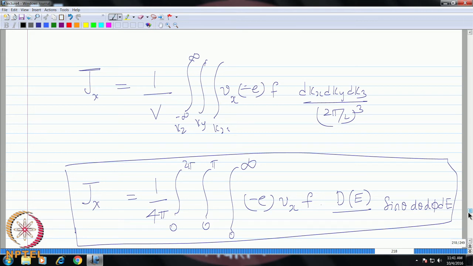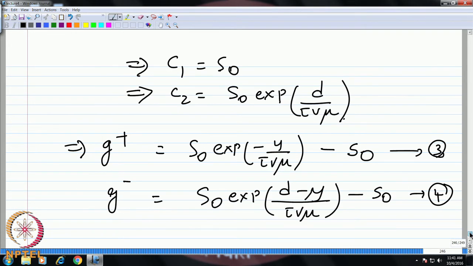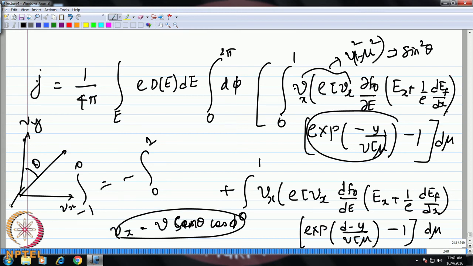Okay, so I think a few more things. So when we write Vx, let me clarify this again. Your Vx is not simply V cos theta. It should be V sin theta cos phi, because in 3D you are looking at this projection in this particular plane which is making an angle phi.